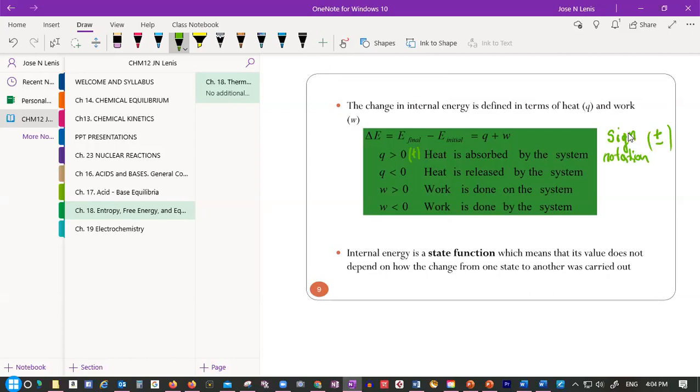In general, a positive sign for a variable means the system is being affected by that variable, by surroundings.